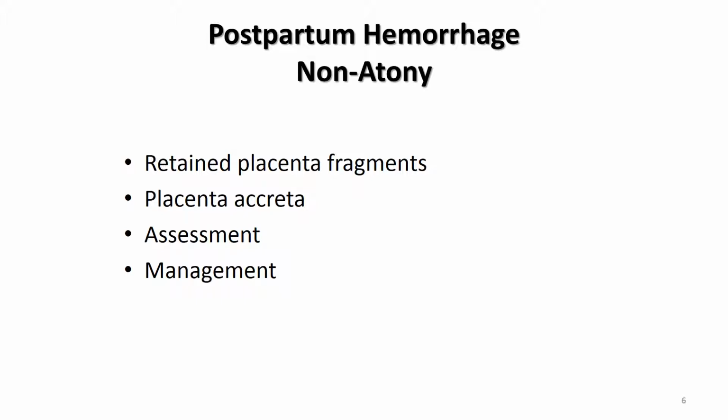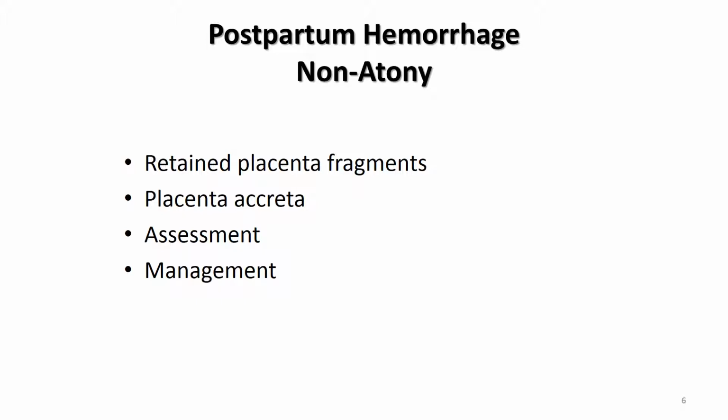The uterus cannot contract where a tissue fragment was or still is embedded. It is common with the delivery of a premature baby because that placenta is really not ready to disengage. Excessive bleeding is noted, and of course the uterus is boggy.